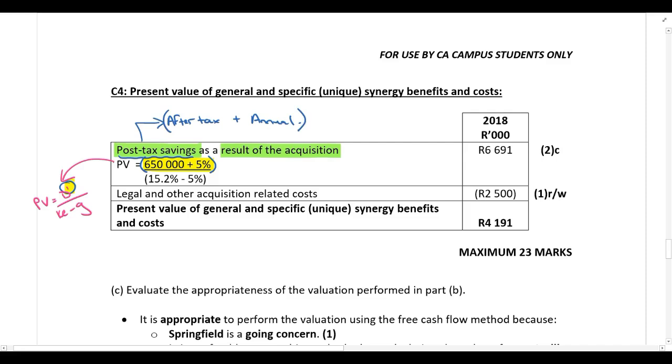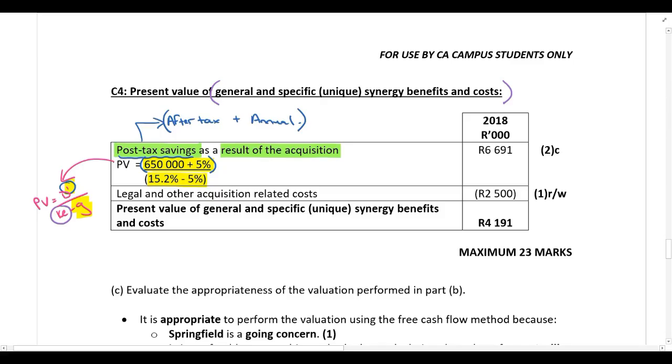Then, when using Gordon's dividend growth model, we divide by the cost of equity. So we use the cost of equity as our discount rate. However, when calculating the present value of a general and specific or unique synergy benefits and costs, you should use the company's WACC as your discount rate. So we divide by the WACC and we subtract constant growth in perpetuity.